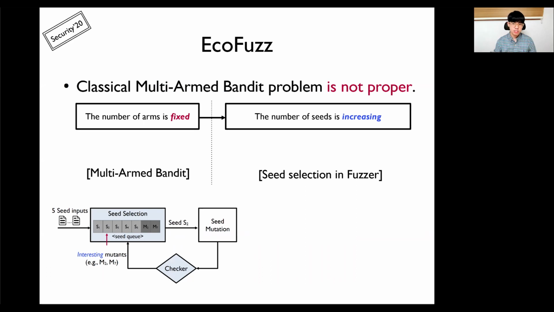Through the interaction of seed selection and seed mutation, interesting mutants are continuously added to the seed queue. That is, in mutation-based fuzzing, the number of seeds to select is continuously increasing.